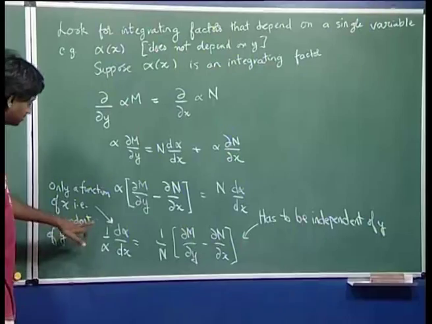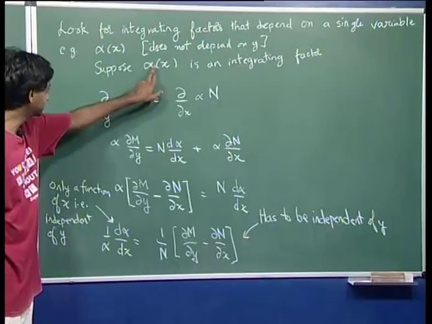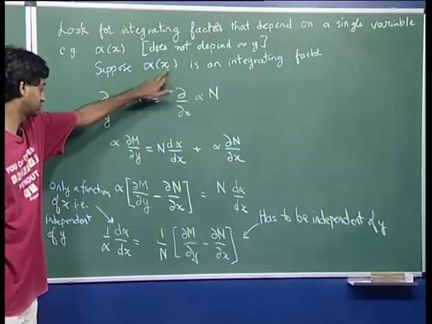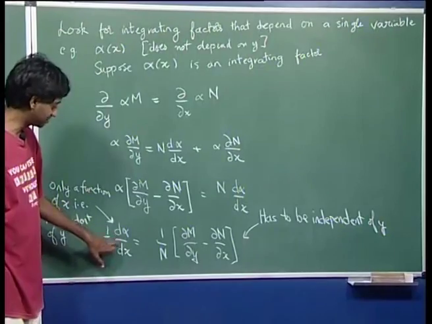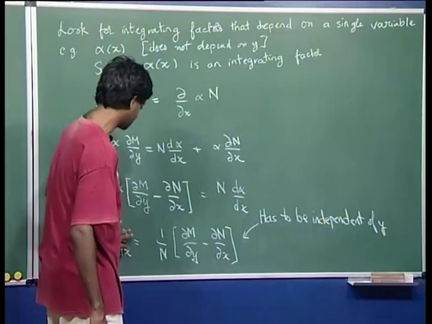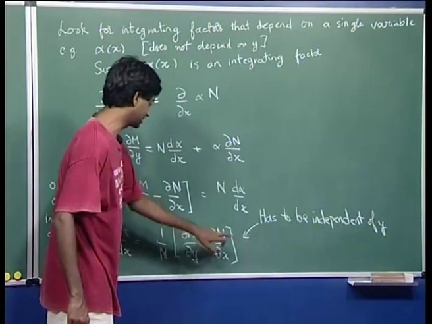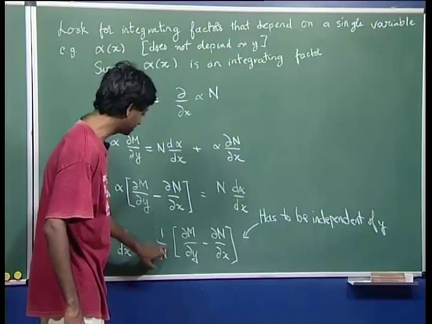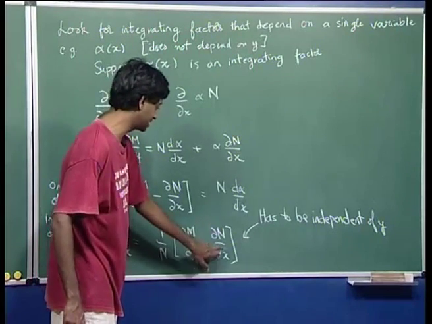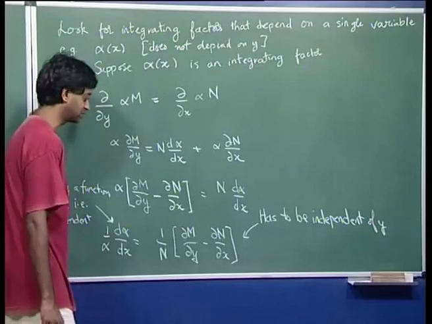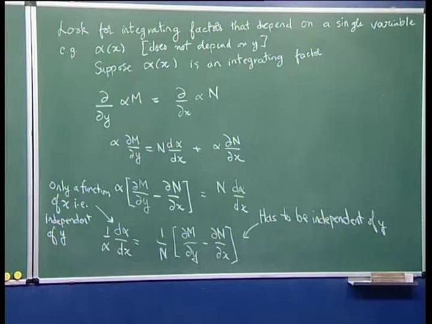So, the condition for there to exist an integration factor alpha which is only a function of x is that 1 over alpha d alpha by dx has to equal this right hand side, or in other words 1 over n times dou m by dou y minus dou n by dou x has to be a function only of x. Okay.